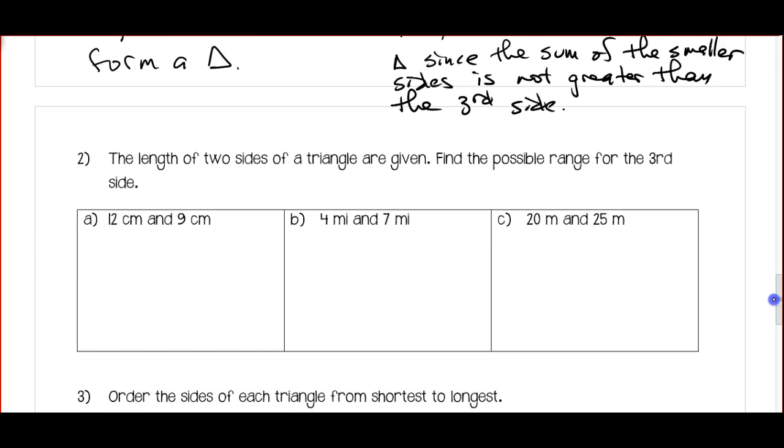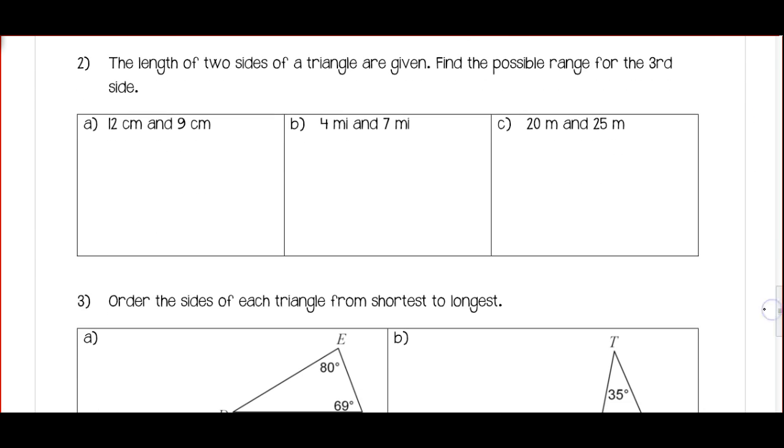All right, moving on to number 2. The lengths of two sides of a triangle are given. We want to find the possible range for the third side. So we've got a triangle, and we know that two of the sides are 12 and 9. So for the third side, it has to be smaller than 12 plus 9, which is 21.